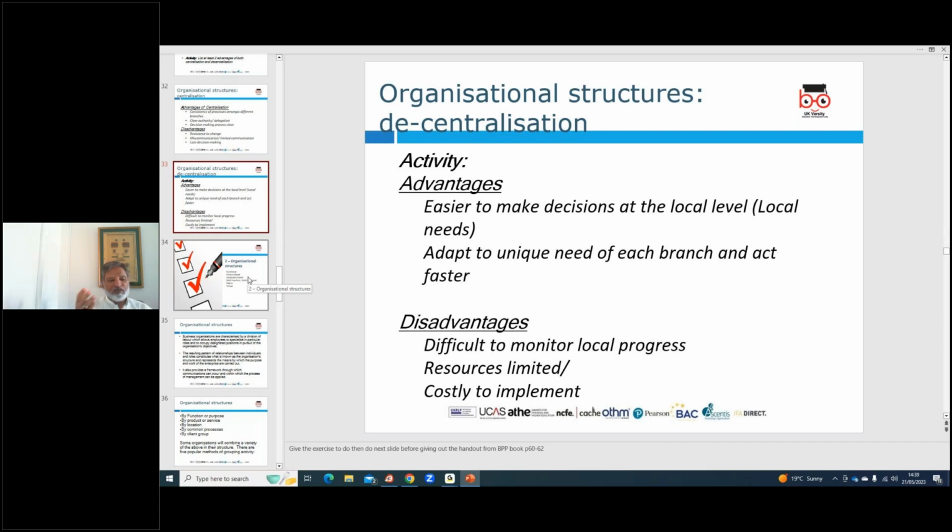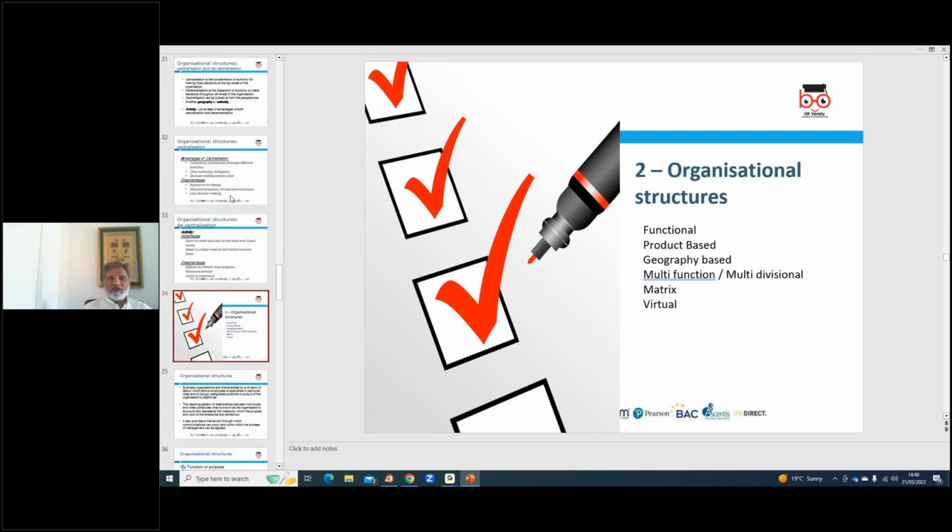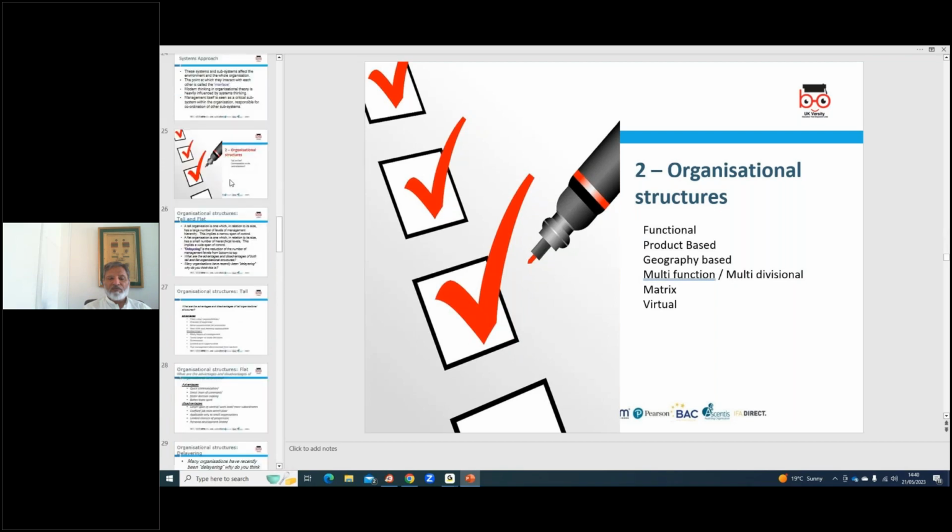You've got to buy buildings, you've got to lay out different resources for different units, different communication. So it's costly, it takes a longer time to set up, but it's better, it's efficient. Okay, however, it's costly. So we looked at decentralization and centralized organizations.